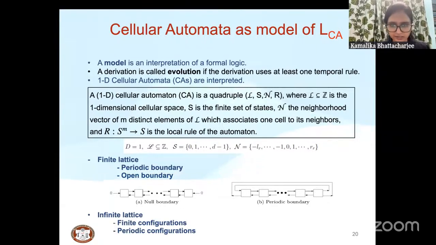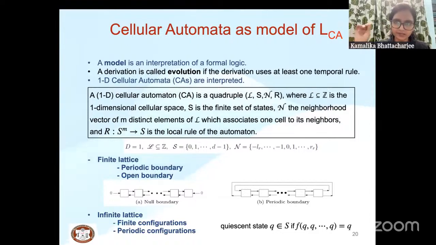Similarly, an infinite lattice, where there are no boundaries, can also be shown as a model of this logic. For an infinite lattice, we need a quiescent state, meaning this particular state is not changing. It is irrespective of the update, it remains as it is.